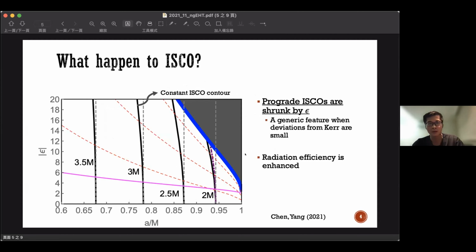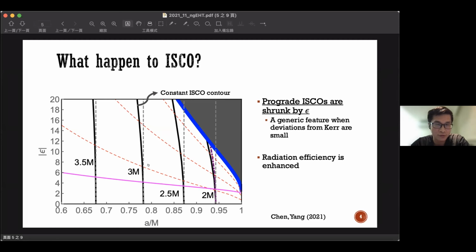In our work, we also try to understand what will happen to the ISCO, which is very important to understand the properties of the accretion disk, because the ISCO usually defines the inner edge of the disk. And we find that essentially this deviation parameter epsilon, or the Z2 asymmetry, would generically shrink the size of the ISCO, okay? You can see from this figure, which is a very busy figure, that you can focus on this black curve, which shows a constant contour.